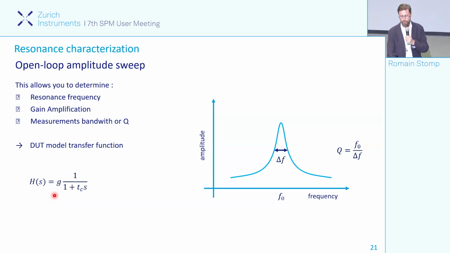But in real life, you always have some cutoff frequency. At some point there will be some value where instead of being steady, you will drop. So it's a bit like a low pass filter. And because we can characterize it and we know a little bit more, we can also plug in directly the value that is related to the Q factor. So that's how we can characterize the system.